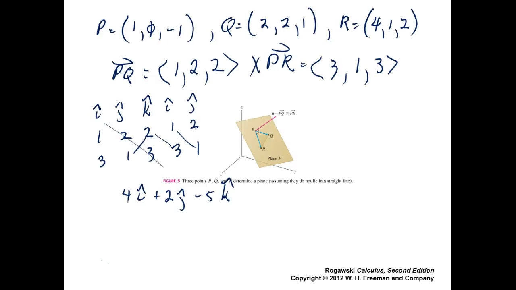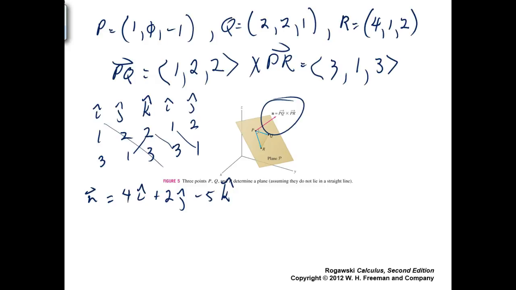Okay. What does that give you? Just about. That gives you the normal vector. That is the normal vector to that plane. See? This is your n, a normal vector to the plane.